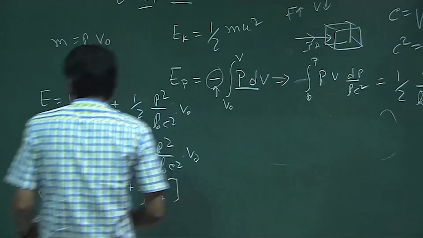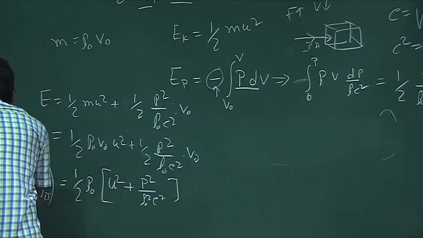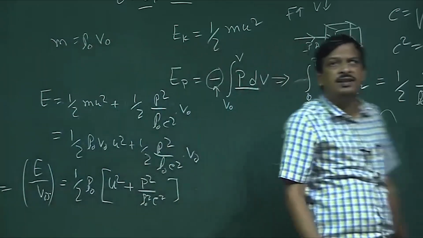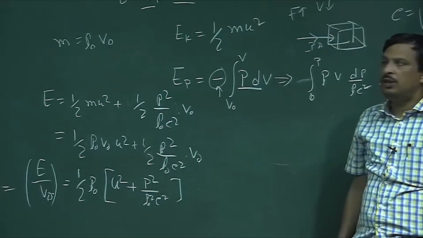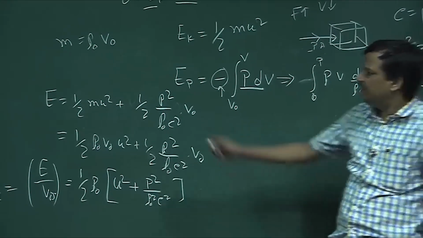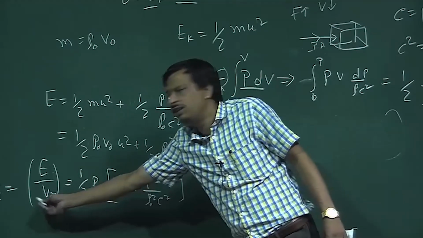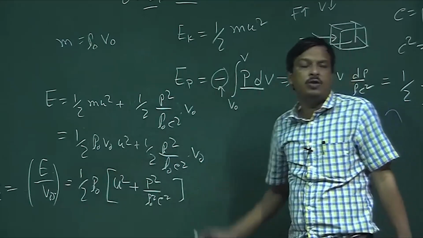Okay. So, this is the E by V 0. What is E by V 0? It is nothing but the energy density, the instantaneous energy density EI. So, energy divided by the volume is nothing but instantaneous energy density, and its unit will be joule per meter cube.